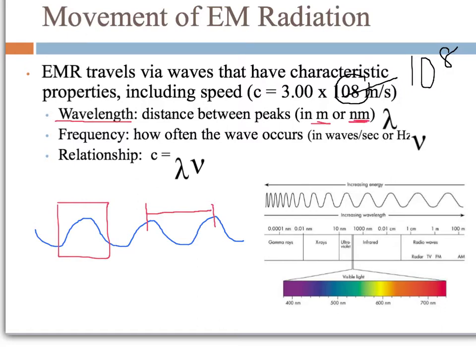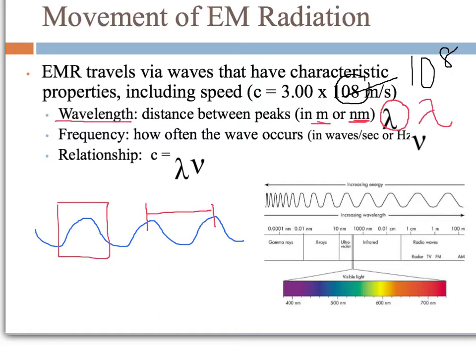And we often use a variable to represent this idea of wavelength. It's a little Greek symbol, I believe a lambda, and it is shaped sort of like that. So that's the symbol for wavelength.